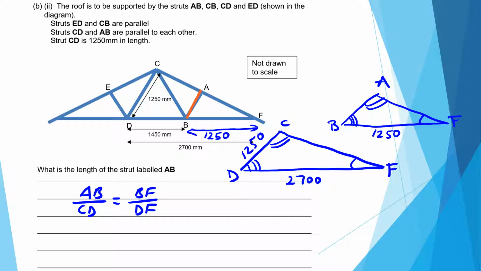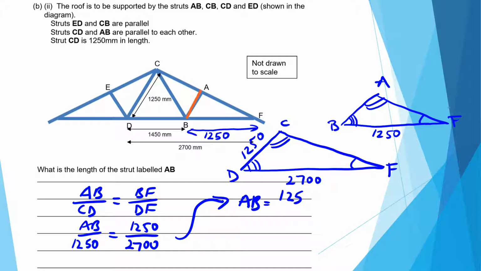Now we don't know AB, of course, but we do know CD is 1,250, BF is 1,250, and DF is 2,700. So, to find AB, we can do 1,250 over 2,700 times 1,250.